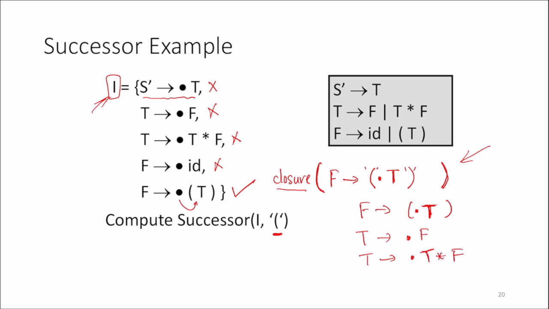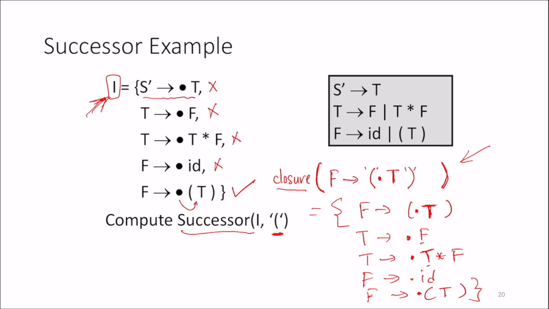We haven't done F yet, so we would predict F goes to dot ID, and F goes to dot open parenthesis T close parenthesis. So I've created this new set, which is the result of doing successor on this input set on the symbol open parenthesis.